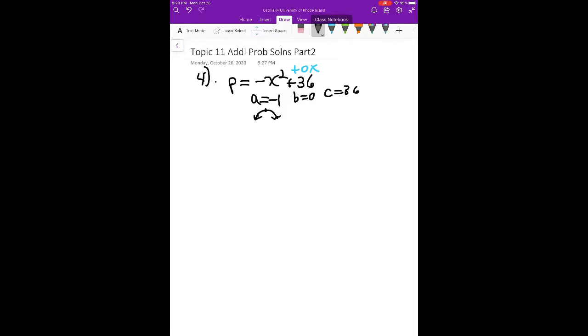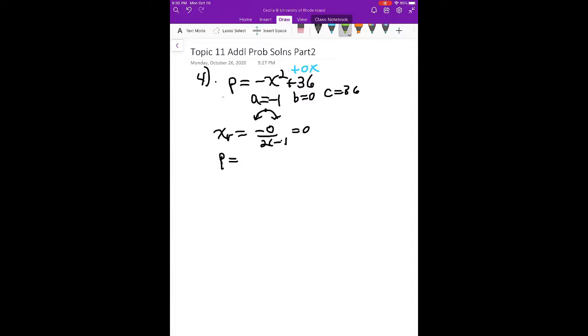All right, so if we want to figure out how to graph this, we're going to start out by finding the parabola vertex. So that's negative B over 2A, or negative 0 over 2A, and that's just 0. So we have a vertex at 0, and then the height of that is going to be given by the P, right?